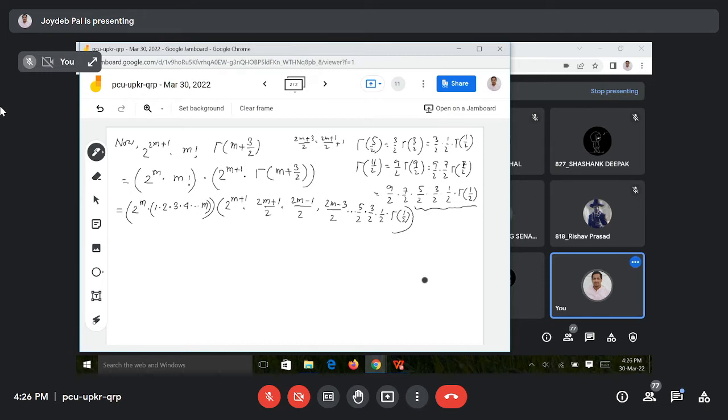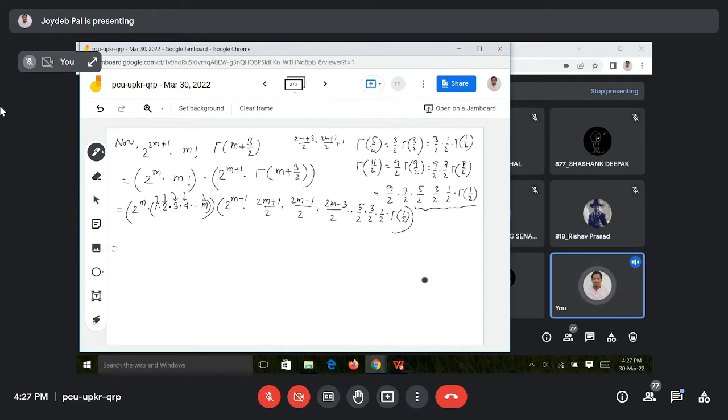Now see the 2 to the power m into 1 into 2 into 3 into 4 up to m. I can distribute that m number of 2's into each value, meaning 2 into 1, 2 into 2, 2 into 3, 2 into 4 up to 2 into m. I am distributing that m number of 2's in each place.